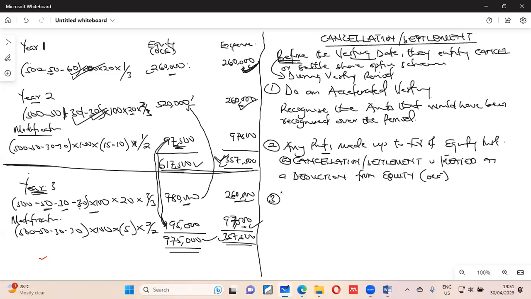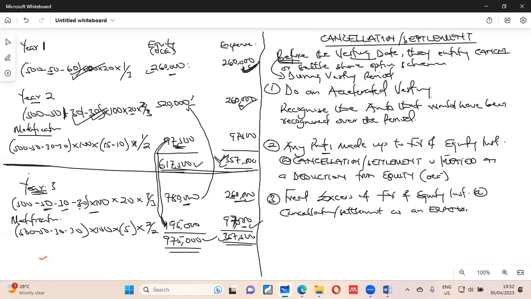So treat excess of fair value of the equity instrument at cancellation or settlement as an expense in the P&L, the statement of profit and loss. All right. So that is what you do at cancellation.